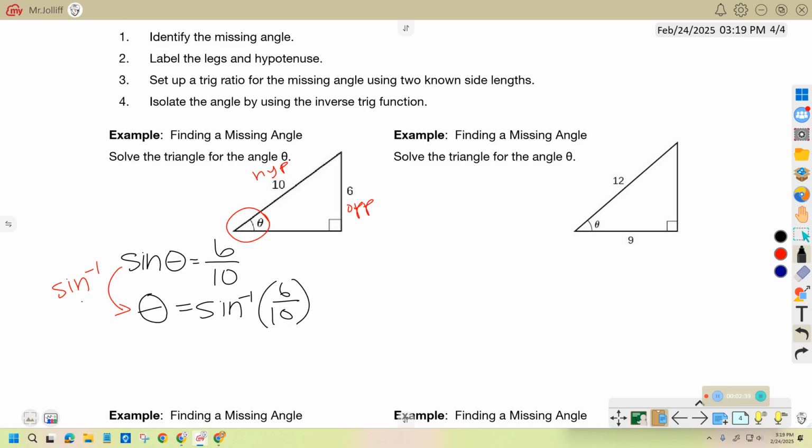And you pull up sine inverse by doing second sine, and I need somebody to give me the value for sine inverse of 6 over 10. You have a calculator. What's sine inverse of 6 over 10? Make sure it's in degree mode.